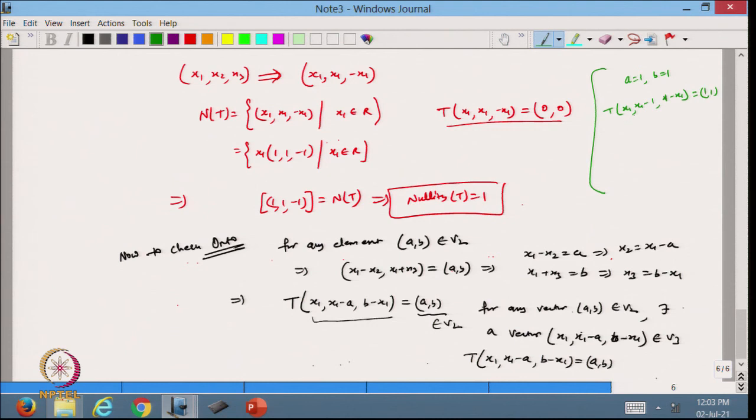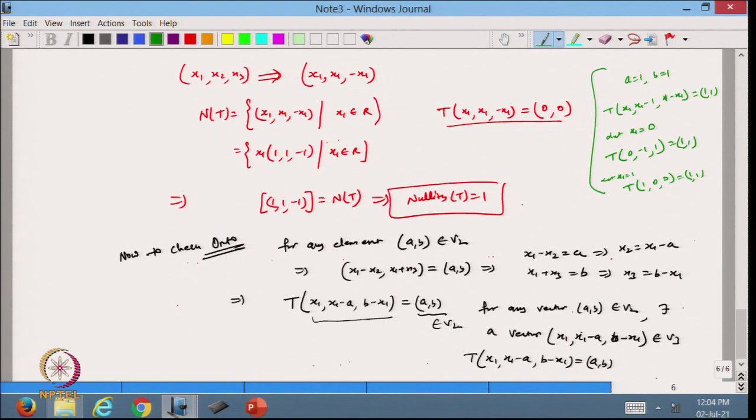Now, I can choose my value of x1. Let me take x1 is equal to maybe 0. Then it will be (0, minus 1, 1), which goes to (1, 1). If I take x1 is equal to 1, then T of (1, 0, 0) will go to (1, 1).